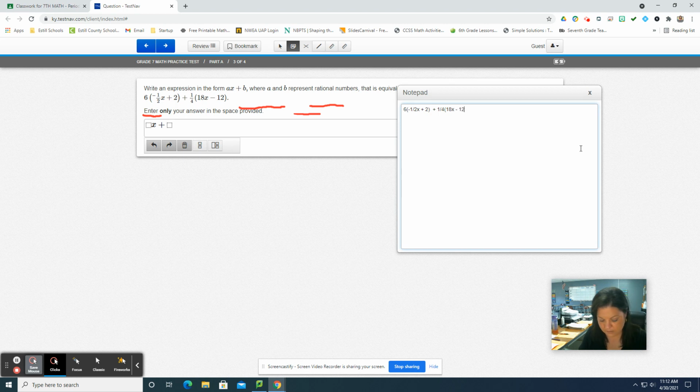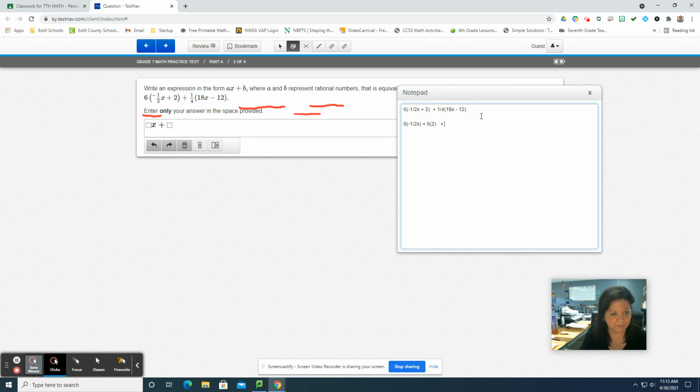Okay. All right. So the first thing we're going to do is multiply the 6 to both the negative 1/2 x and to the 2. So we're going to say 6 times negative 1/2 x plus 6 times 2. I'm just putting them in parentheses and breaking them up.